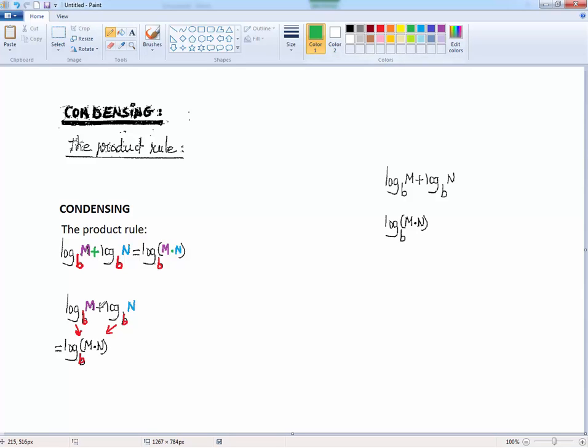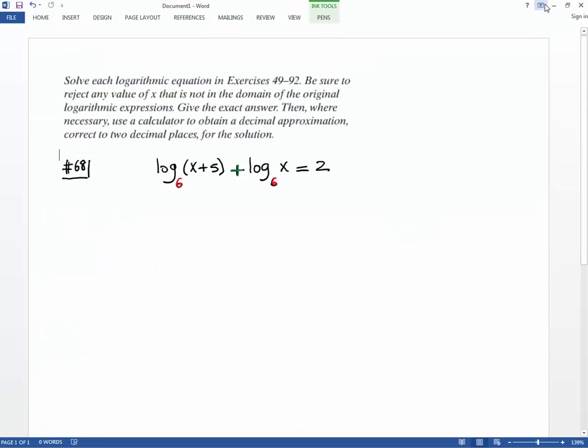Now, because those logs were added, you have a product inside that log, and the first factor of this product is m, and the second one is n. So we're going to use this rule right now in our particular situation, and we'll combine our logs. So let's go ahead and see how to use this particular property.